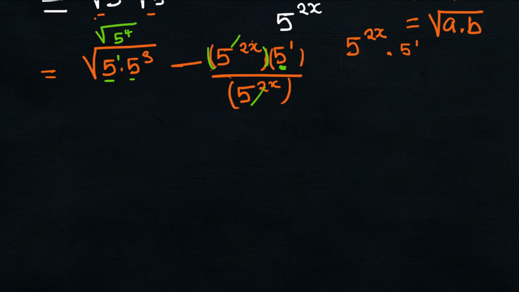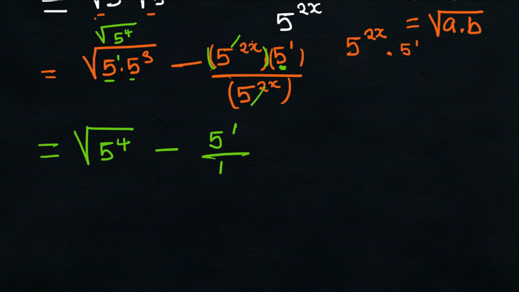Our next step will therefore be the square root of 5 to the power of 4 minus 5 to the power of 1 divided by 1, which is basically 5 to the power of 1. So we basically cancel this and just write 5 to the power of 1, which is basically 5, but I'll just keep it there.